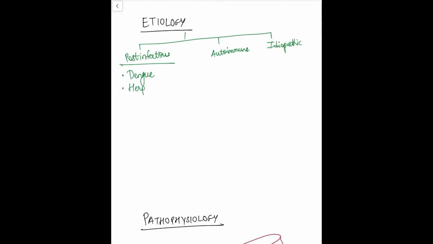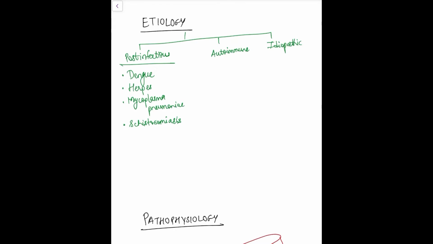Dengue, herpes, Mycoplasma pneumoniae, and schistosomiasis. These are the particular infections that lead to transverse myelitis.